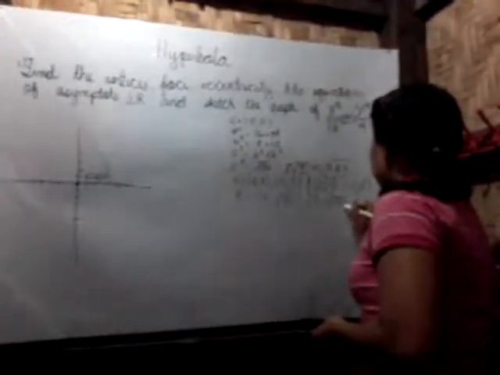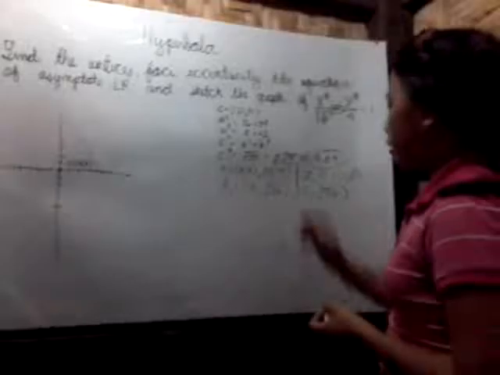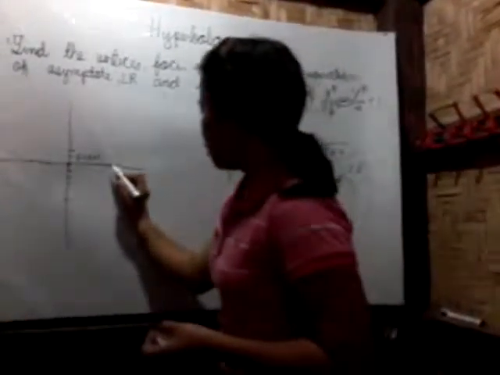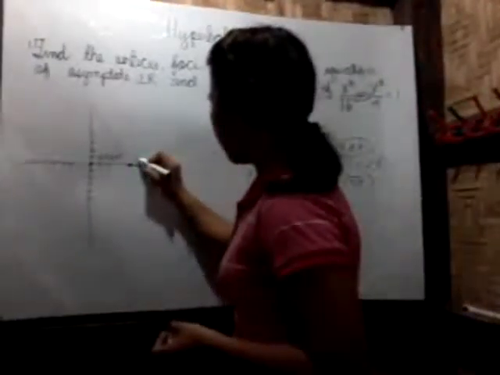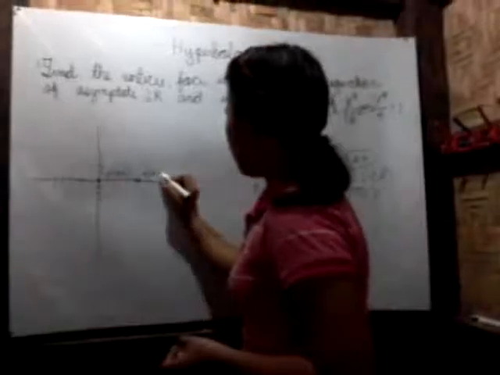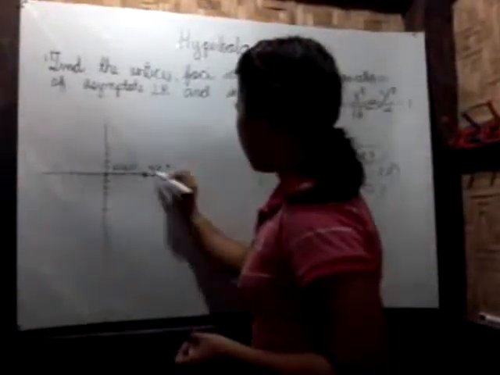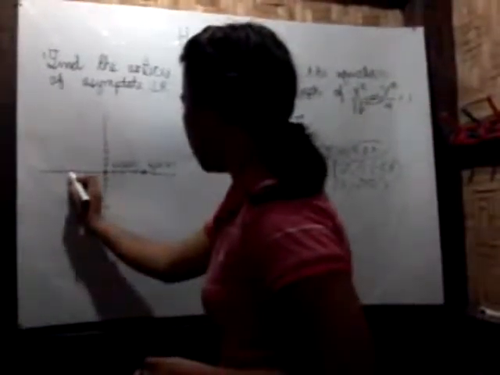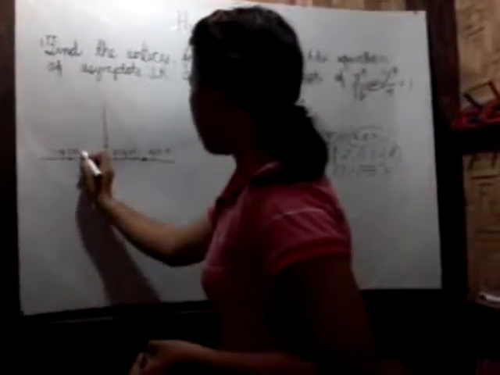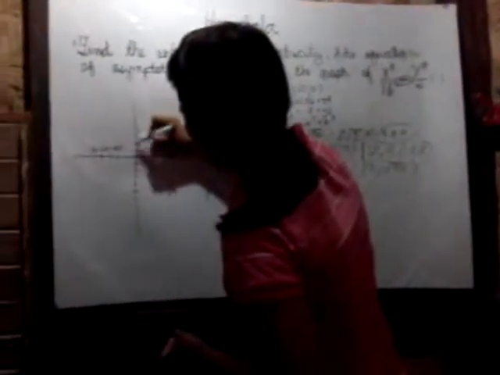So the vertices here are (4, 0) and (negative 4, 0), and there are the endpoints of the conjugate axis.